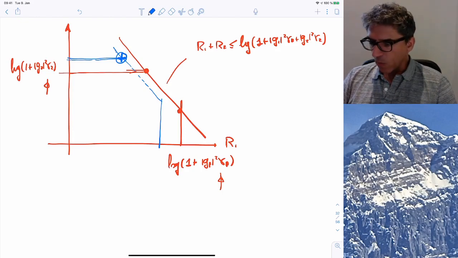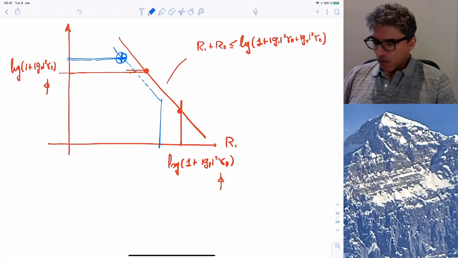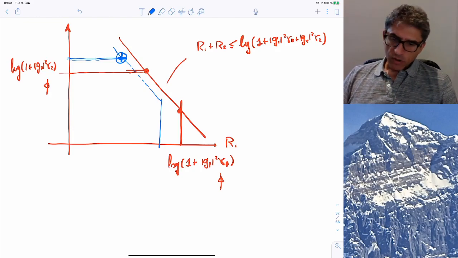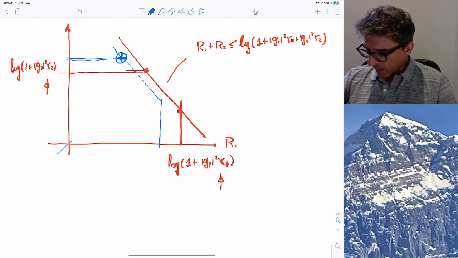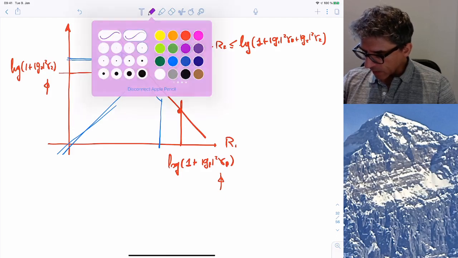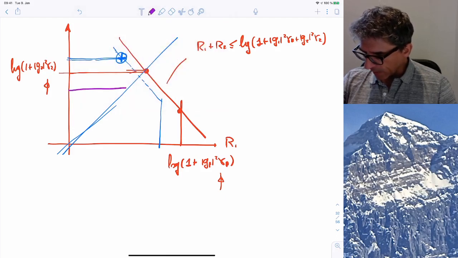For example, we may want to have all the users achieve the same rate. So in this case, there will be an equal rate point here, and then maybe we want to shape the region such that the region will somehow end up here, let's say like this.